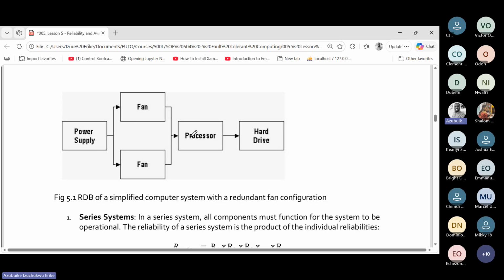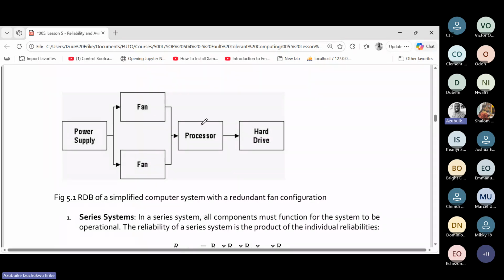This system may likely work if one fan is not blowing, but not this. So the moment the processor is destroyed, you will notice that the hard drive will not work. Now, when you look at this, you notice that the power system is connected in series with the fans. In other words, without the power system, the fan will not work. All right.